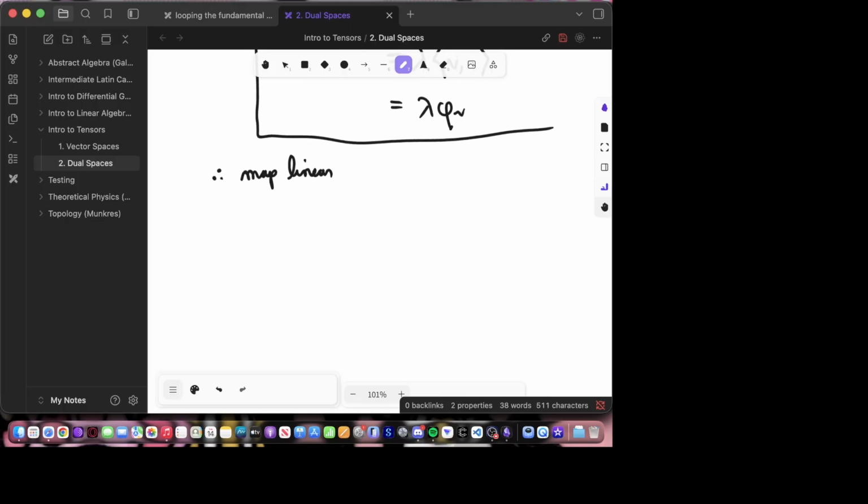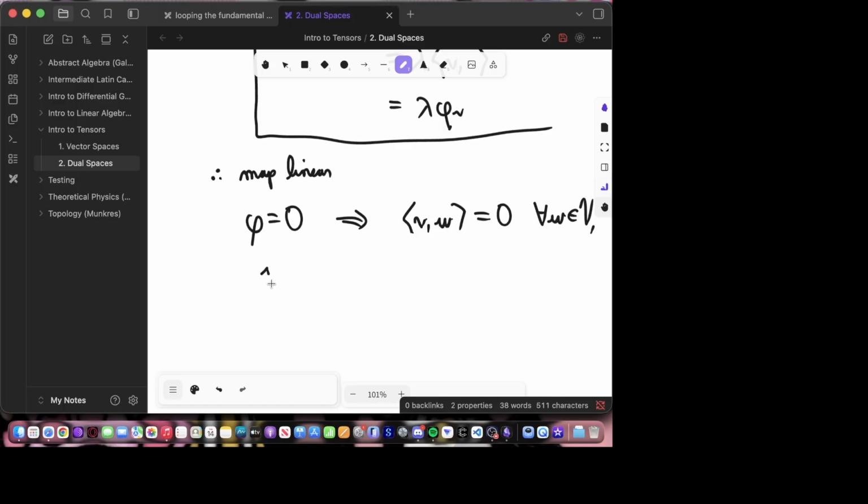So now we prove that the map is injective. If we have that the dual vector phi equals 0, that implies that the inner product of v and w is 0 for all w in v.